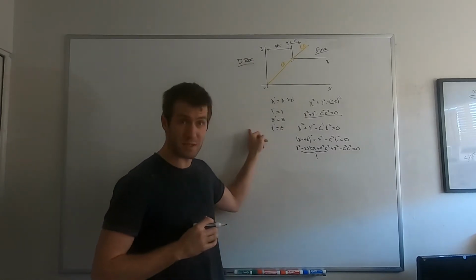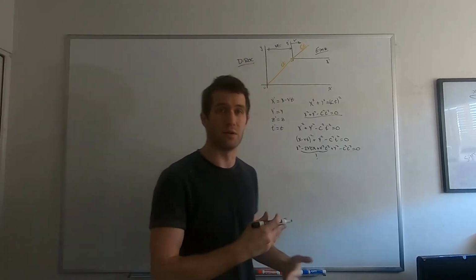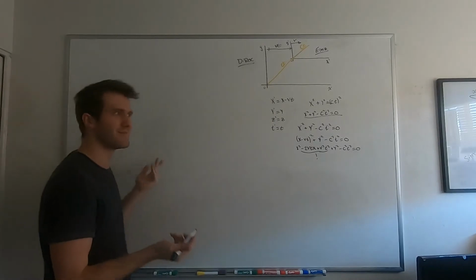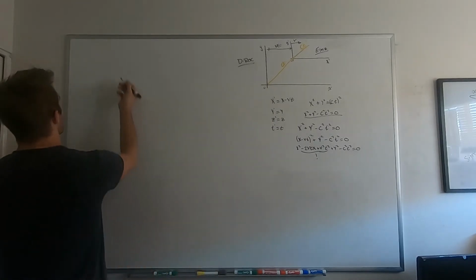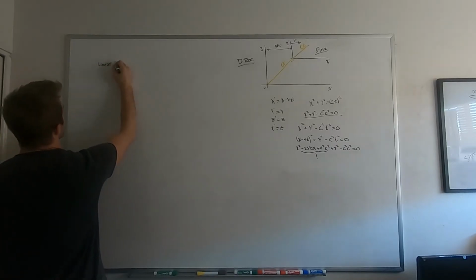So because space is homogeneous, we can treat these transformations as linear transformations, and therefore we can describe them using linear equations. So let's do that. We're going to have our linear equations here.